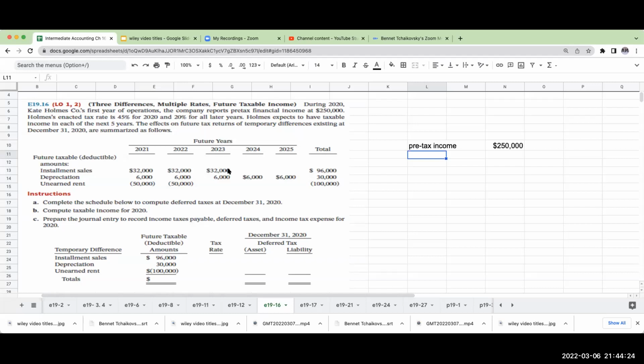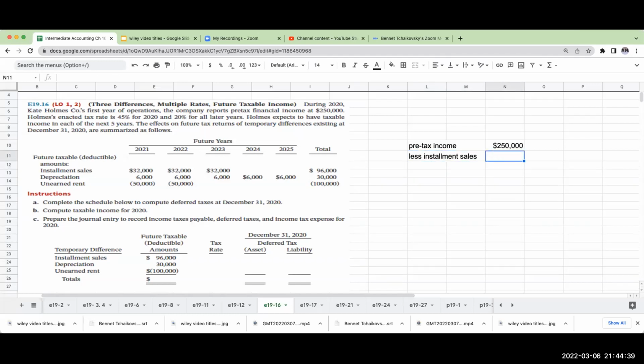I'm recognizing it for income statement purposes, but not for tax purposes. So less installment sales, a temporary difference of $96,000.